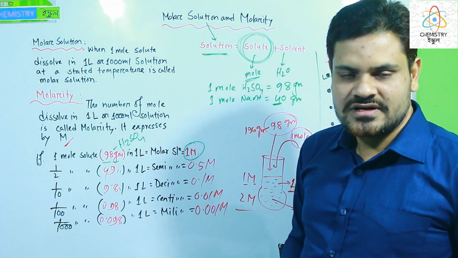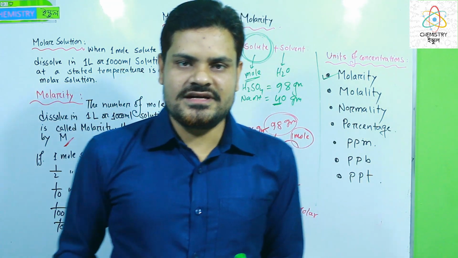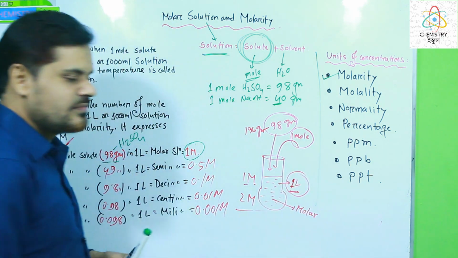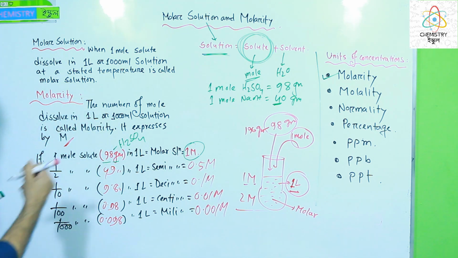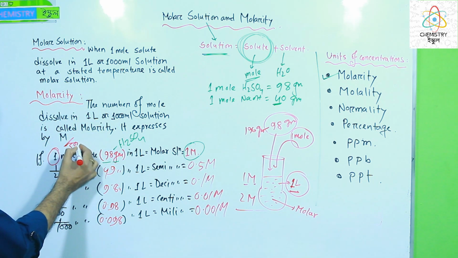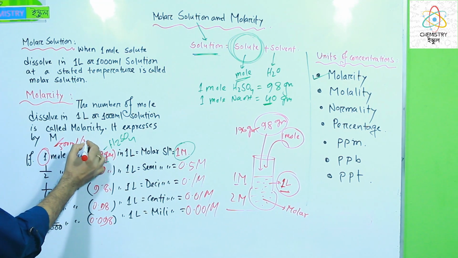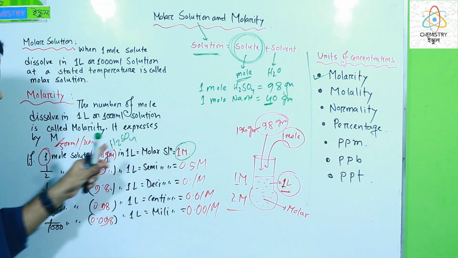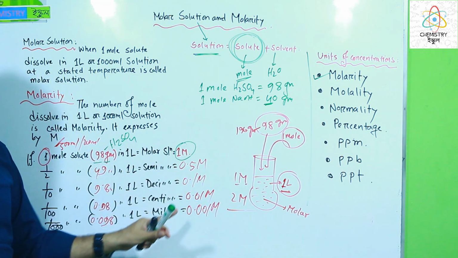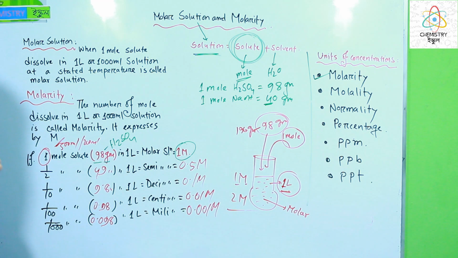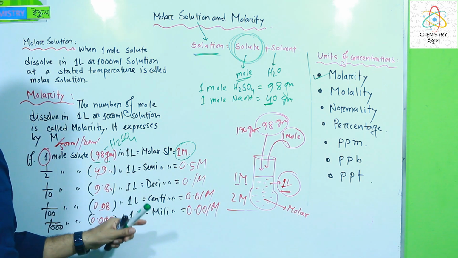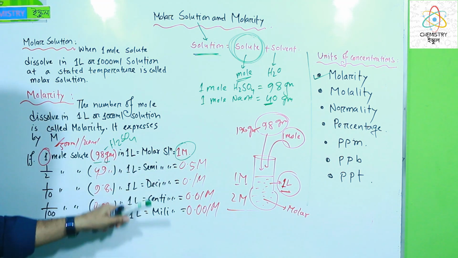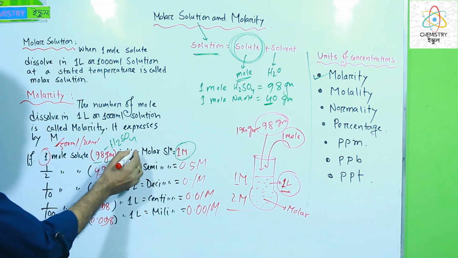Dear learners, my question is: if we change the volume, I mean the liter, if I take 500 milliliter or 200 milliliter, then can I say this will be the definite molar solution or molarity? No, we can't get the definite molar solution molarity when we change the volume from 1 liter.